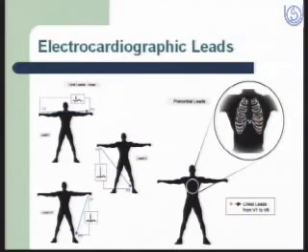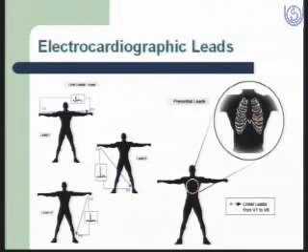Lead 2 detects the electrical potential between the right arm and the left foot, where the right arm is the negative pole and the left foot is the positive pole. Similarly, lead 3 depicts the difference in electrical potential between the left arm and the left foot, where the left arm is the negative pole and the left foot is the positive pole.